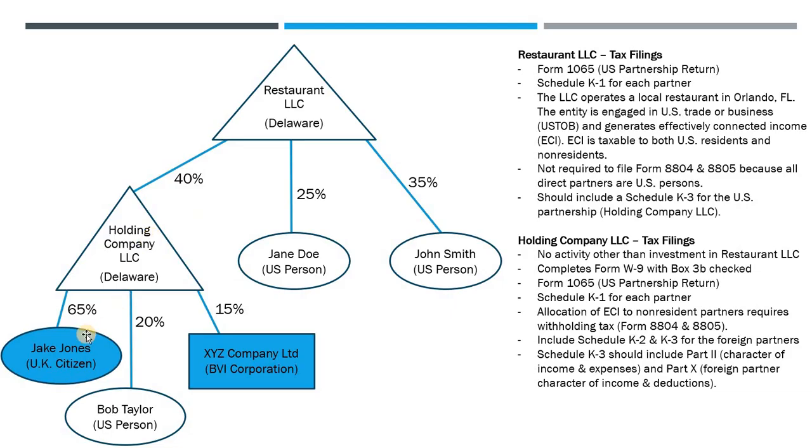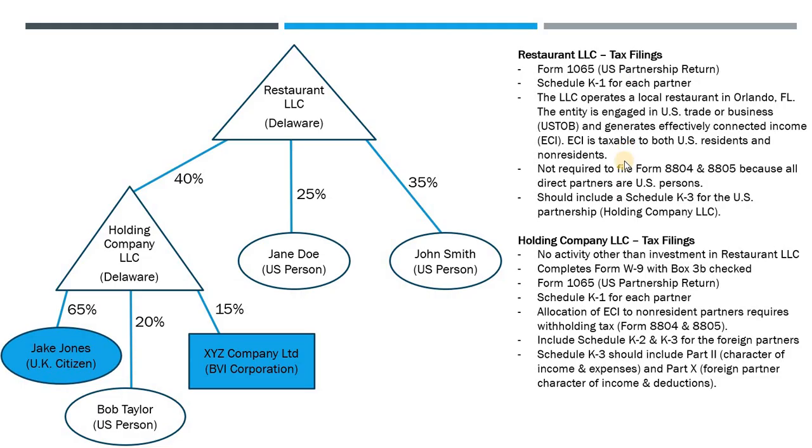And I need those details so I can accurately prepare my own Schedule K2 and K3 to give to Jake and XYZ Company and also give to Bob Taylor as the U.S. person, okay?